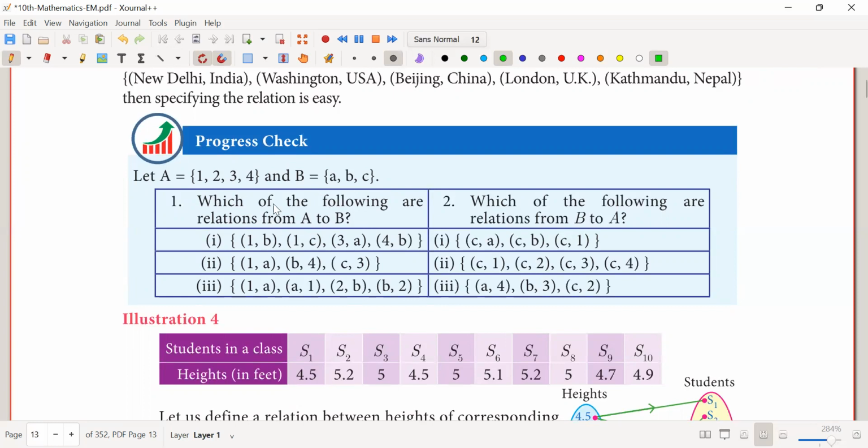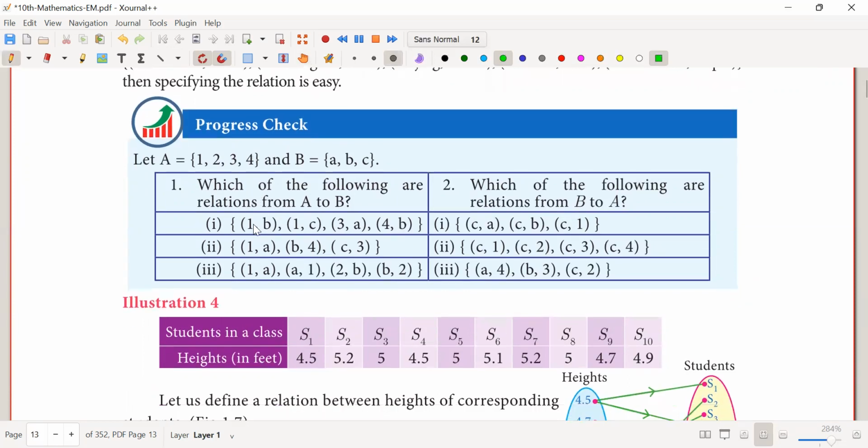1B, 1B, 1C, 3A, 4B. It is A to B, so all the first coordinates are from A. But check here, 1 is related with B and 1 is also related with C. There can be such a relation, right?